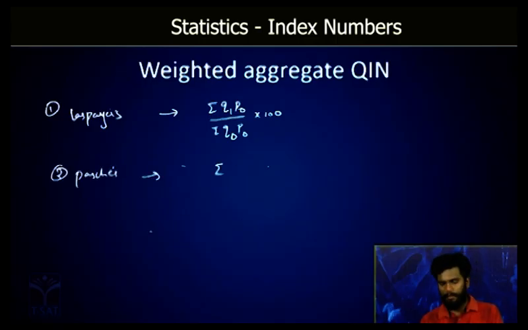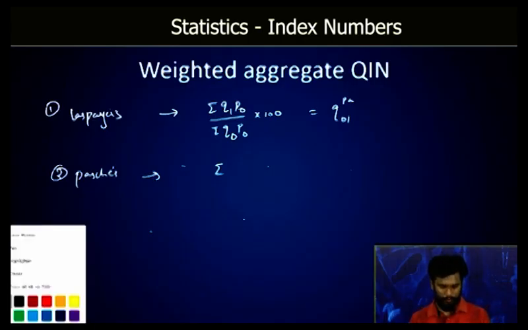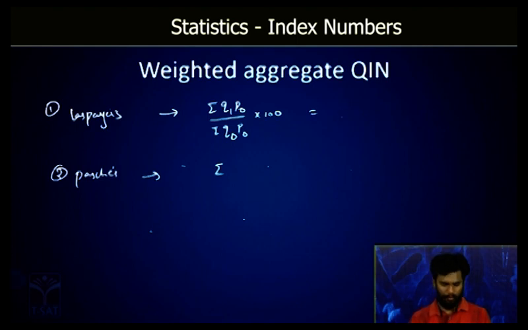It is denoted by Q01 LA, Laspeyres. Next, Paasche.